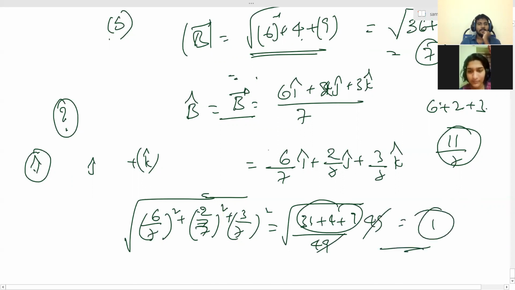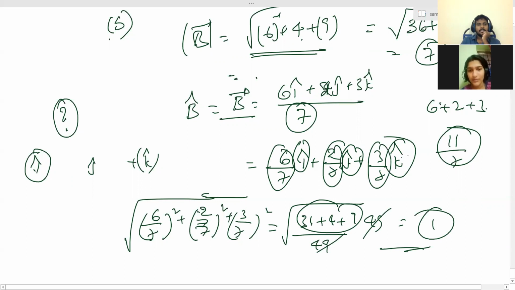You understood now why I am doing this? Yes, sir. You divide it with its own magnitude. So i cap, j cap, k cap will remain the same: 6 by 7 units in i cap direction, 2 by 7 units in j cap direction, 3 by 7 units in k cap direction. This will have the same direction as the B vector, but the magnitude will be 1 unit only. Got it?